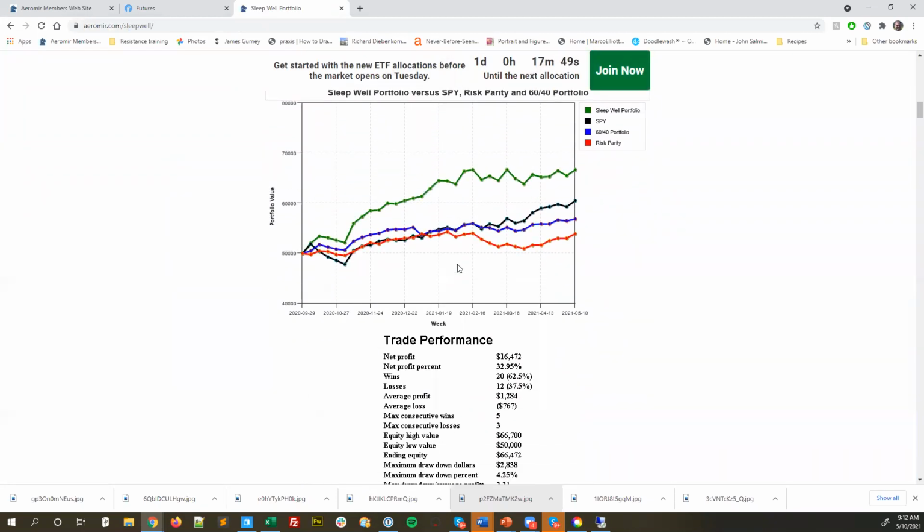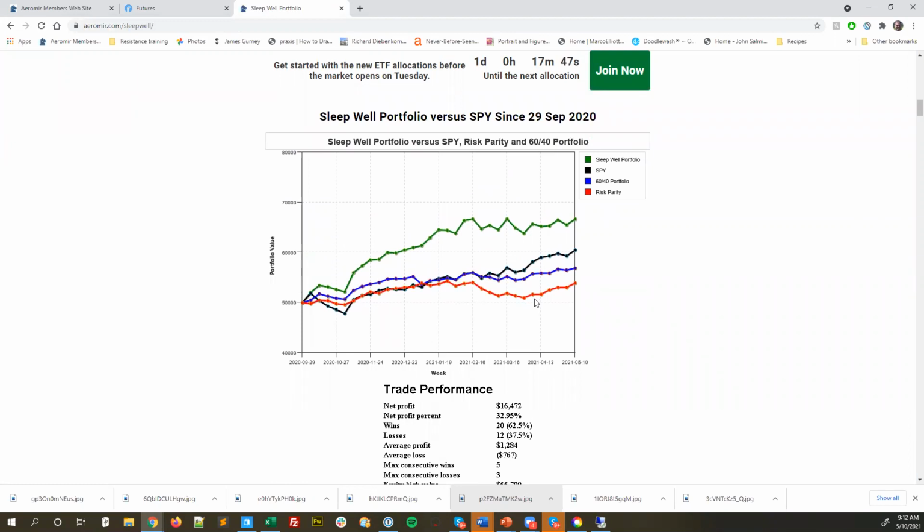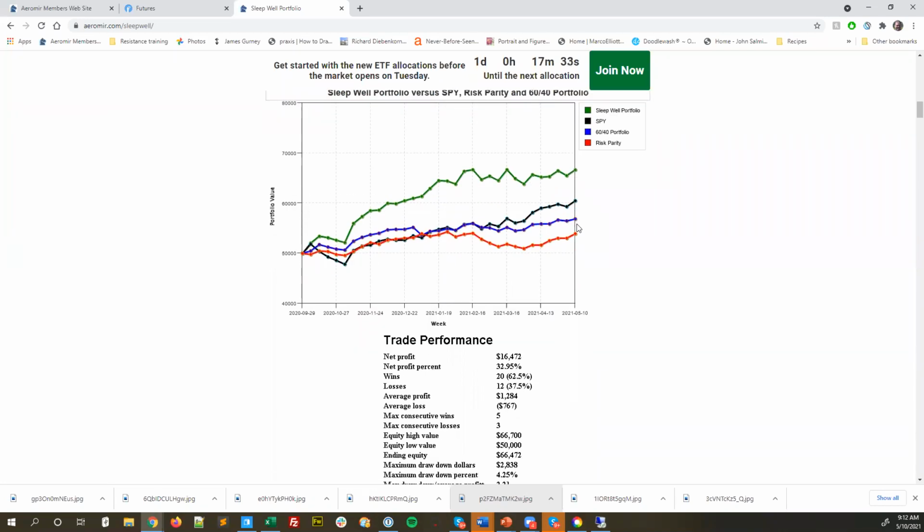You can see sleep well's hanging in there. It's not losing, which is the big thing, right? With sleep well, you don't worry about the downside so much. We had a really strong run back when it was purely into inflationary assets, and then we transitioned for a little while into a stronger dollar environment, and we were setting up for that.